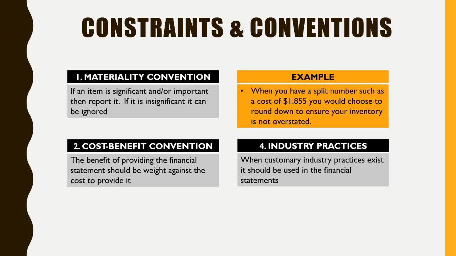If you were to split numbers, for instance, if you had a cost of 1.855, right? What are you going to do? Are you going to round up, or are you going to round down? Now in this case, you have half a penny. So what are you going to do? Are you going to benefit yourself by giving you the less cost, or are you going to benefit yourself?